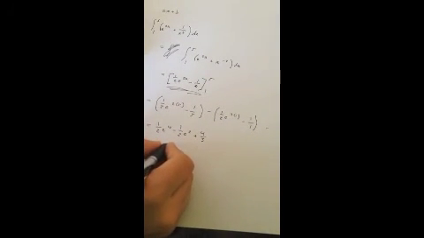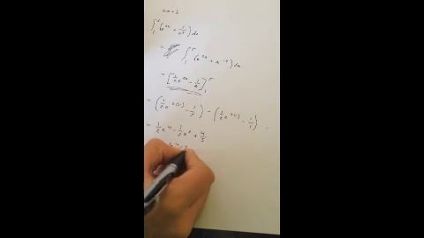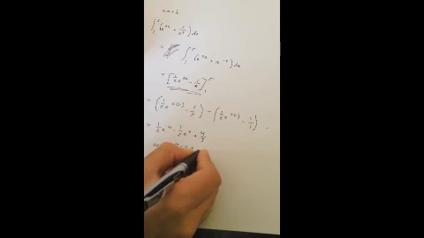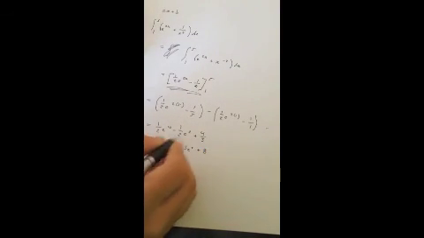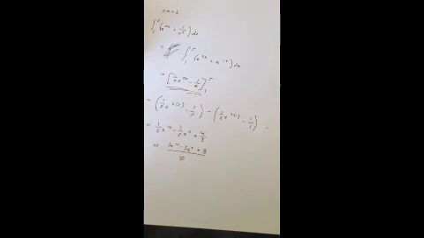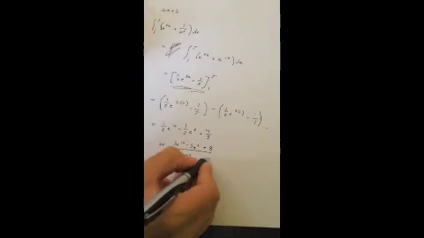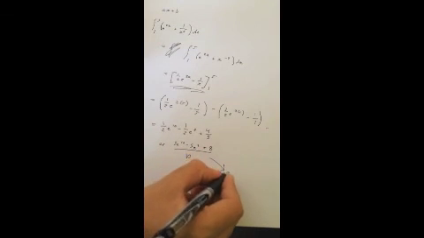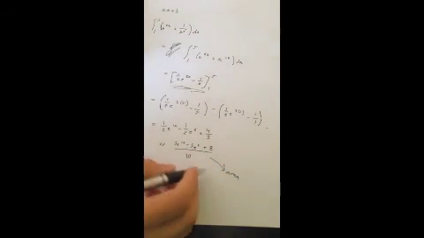Or 5e to the power of 10 minus 5e to the power of 2 plus 8 over 10. Now this is the area under the curve.